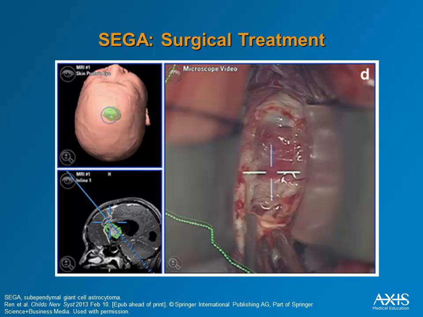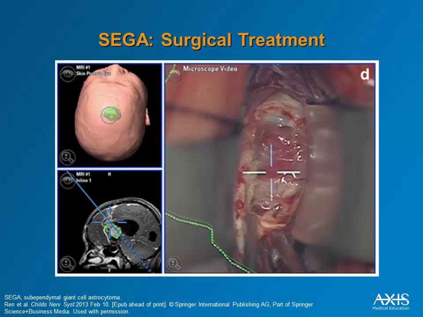Historically, these have been treated surgically, and here is a slide that shows how surgical treatment has advanced to the point where SEGA surgery is a viable and very effective treatment option. We can use modern stereotactic techniques to identify the approach to the tumor and make sure that there is a complete resection.